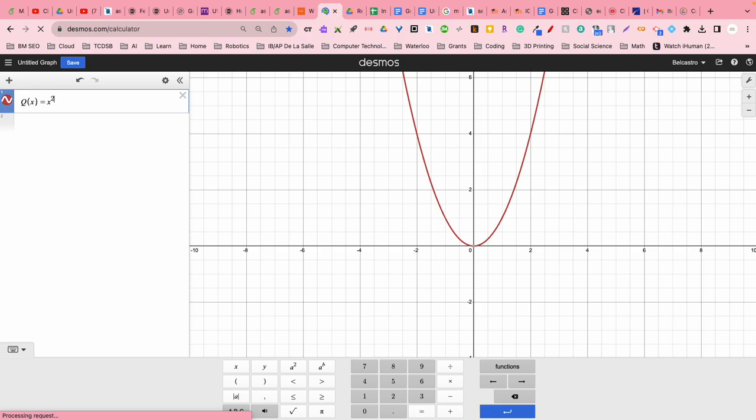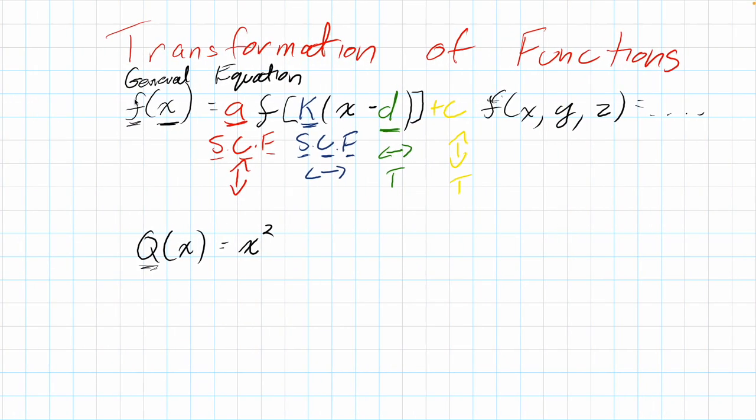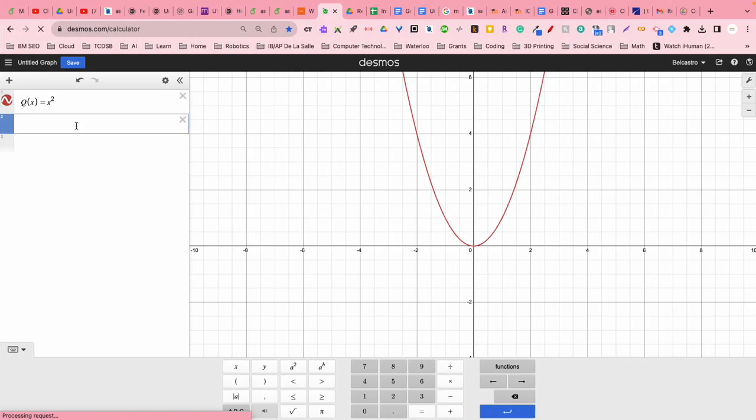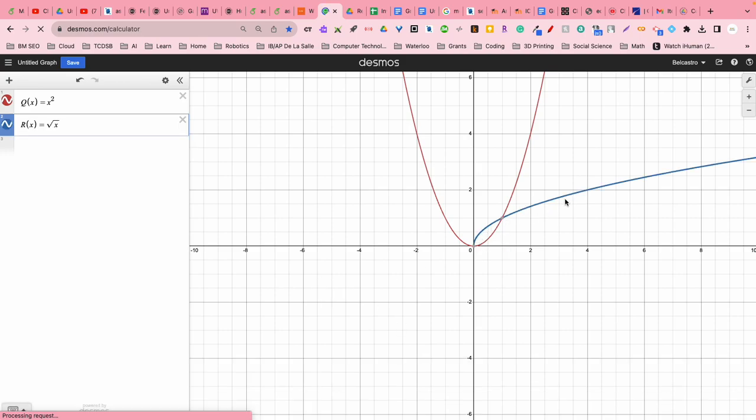It's a regular quadratic. We can use other ones. Let's say a root. R at x is the root function, which is the square root of x. We'll show that one too. So we'll say R at x is equal to square root of x. There we go. And you'll notice this one technically only draws the positive values.